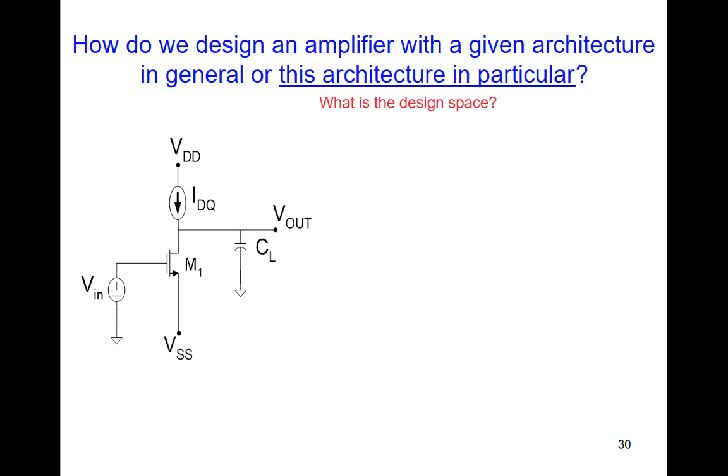However, usually VDD and VSS are constraints. They're usually given. The load capacitance is usually given. So that reduces it to a design space of 4 values.